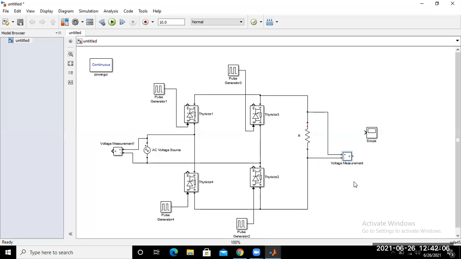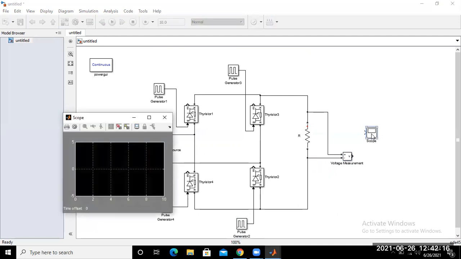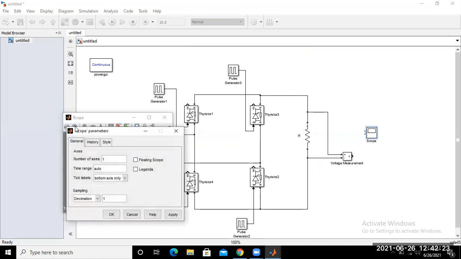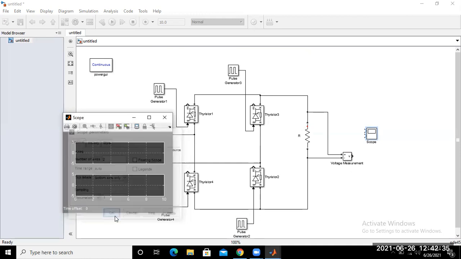Fine. So now we require two axes in the scope for the 2 voltmeters. How can we increase the number of axes? Just double click on the scope and go to the settings. Put the number of axes according to your requirement. Our requirement here is 2. Apply.